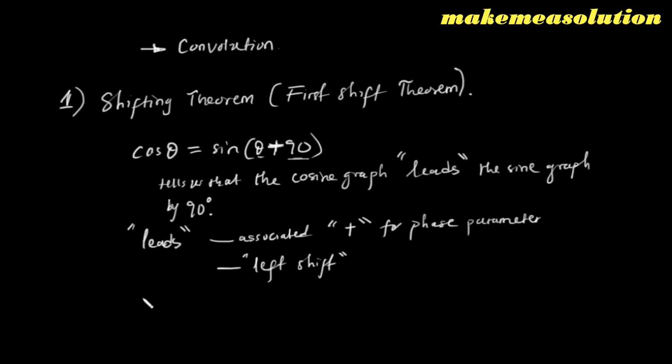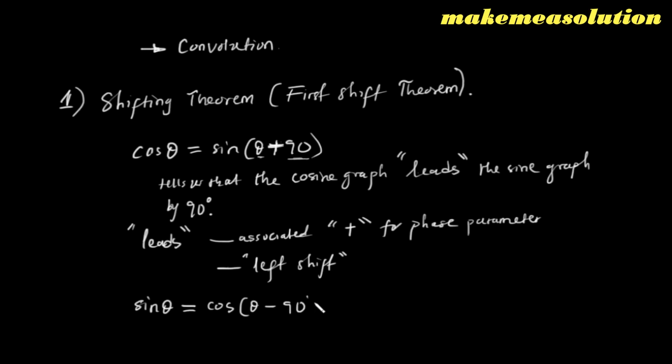Now another case is the sine graph. If I want to write another expression for sine theta, I'll say that sine theta is cos theta minus 90 degrees, or cos of 90 minus theta, however you want to say it.